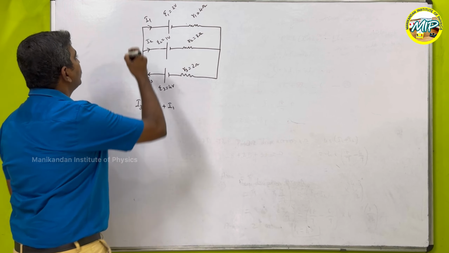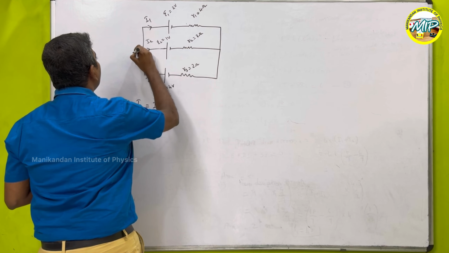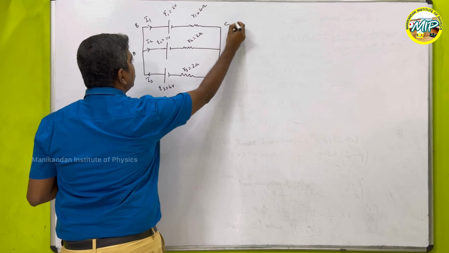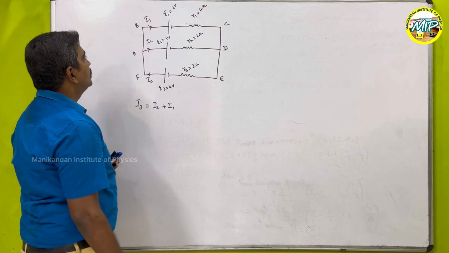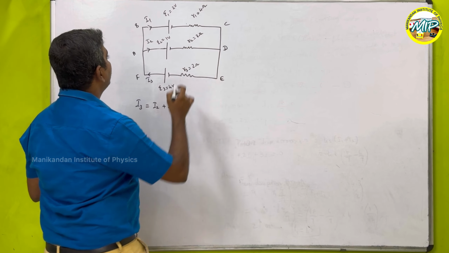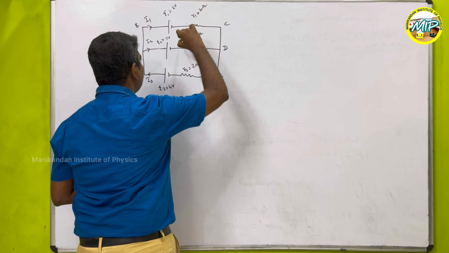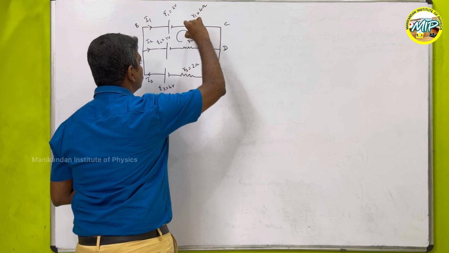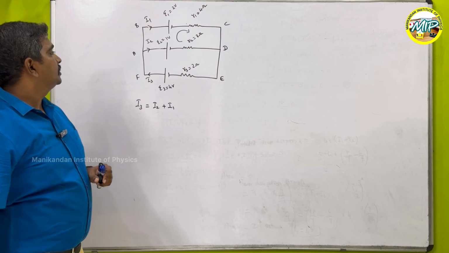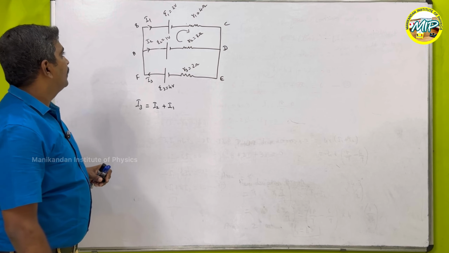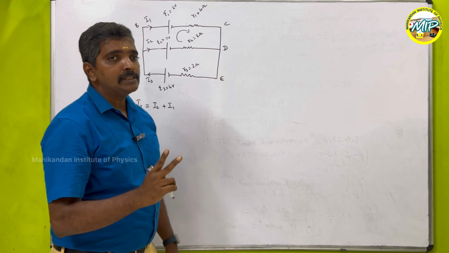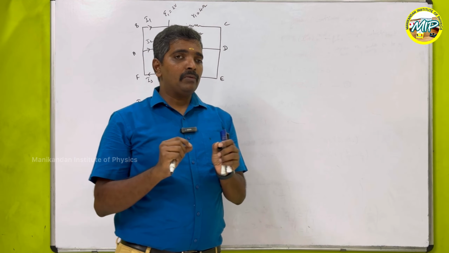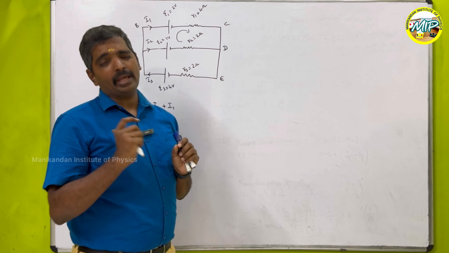So I am going to form a loop A, B, C, D, E and F. I am going to consider a loop here, something like this, right? In this loop we have 2 cells, so we have to solve the problem carefully.